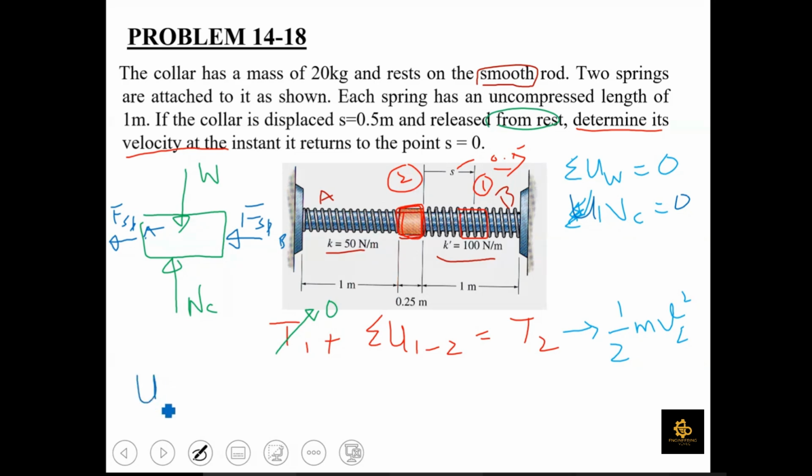Okay, starting with the spring force A. What is going to be the work done due to this spring force A, U spring A?